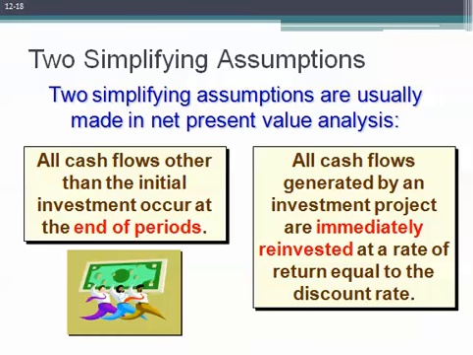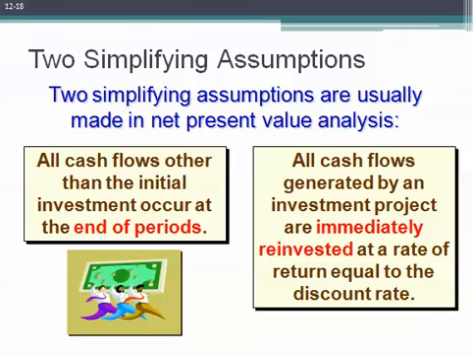There are a couple of simplifying assumptions that we usually make in performing net present value analysis. We need to put them out there. They're nothing you need to focus on too intently. The first is that we typically assume all cash inflows, other than the initial investment, occur at the end of the period. In other words, any cash inflows or outflows we will assume occur at the end of each year.